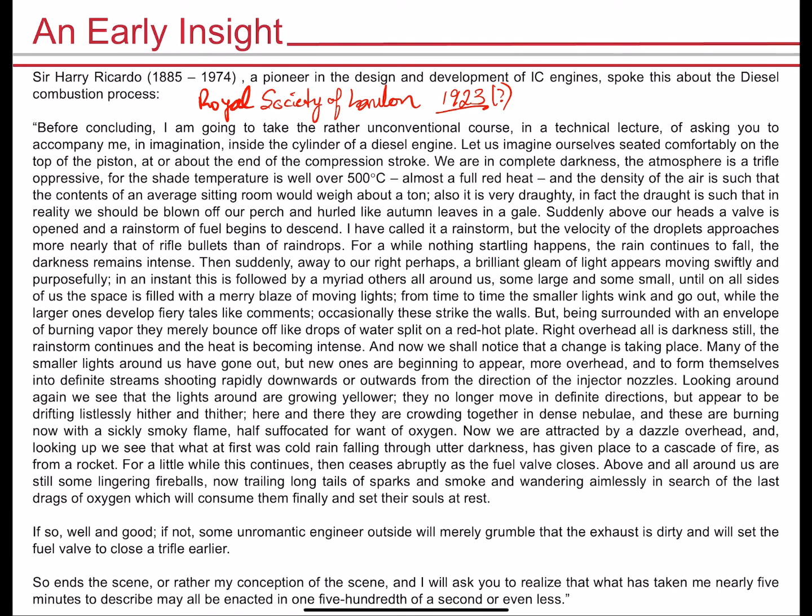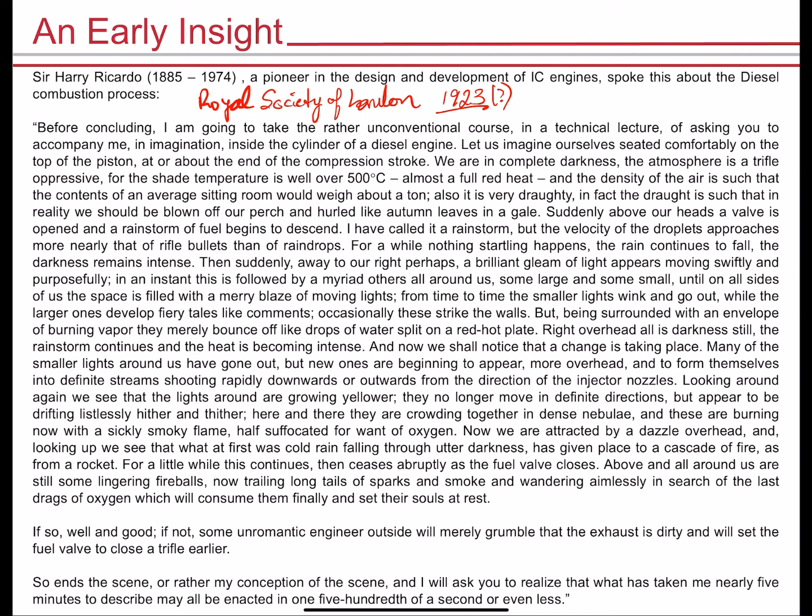I have called it a rainstorm, but really the velocity of the droplets approaches that of rifle bullets rather than raindrops. For a while, nothing startling happens. The rain continues to fall. The darkness remains intense. Then suddenly, away to our right perhaps, a brilliant gleam of light appears, moving swiftly and purposefully.